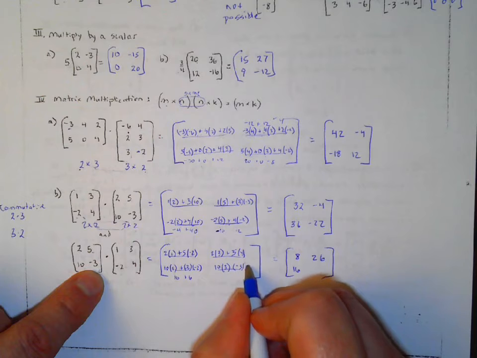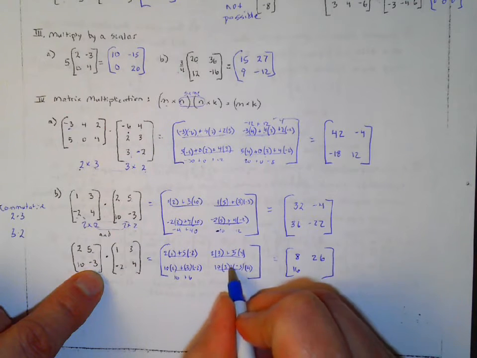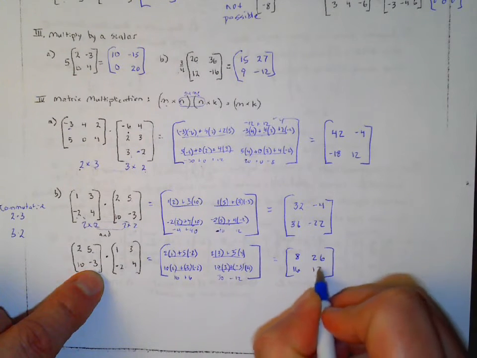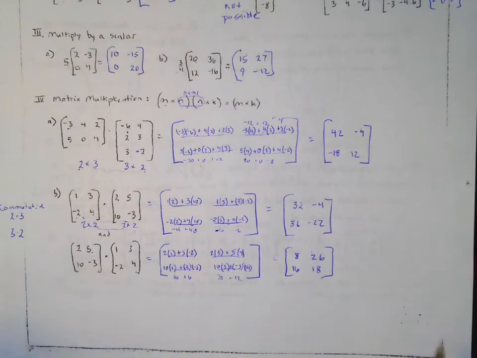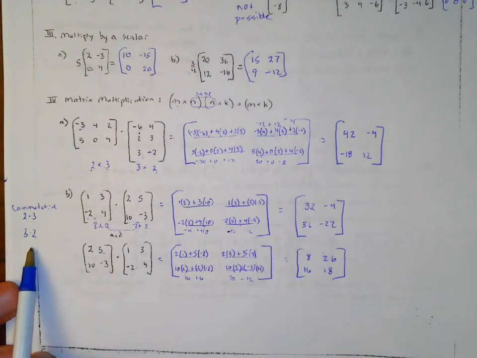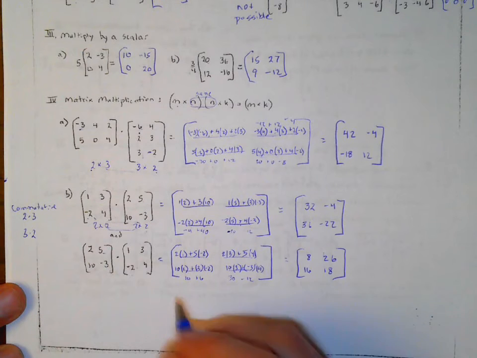So be 30 minus 12 is 18. Okay, so you notice that commutative property holds for regular numbers, right? But it does not hold for matrices.